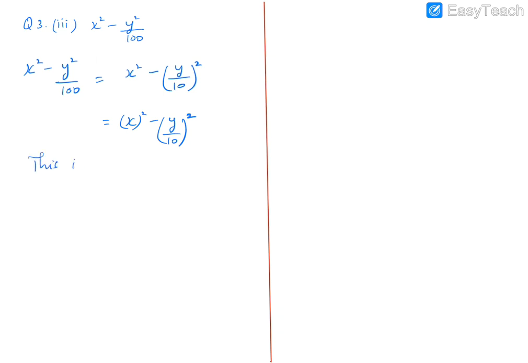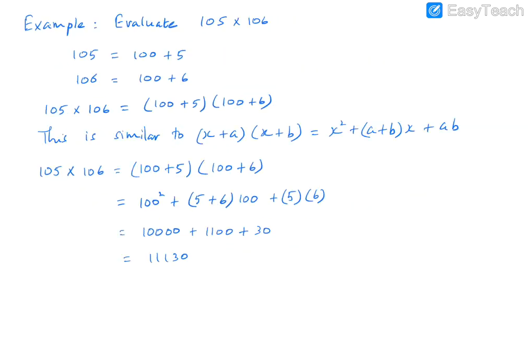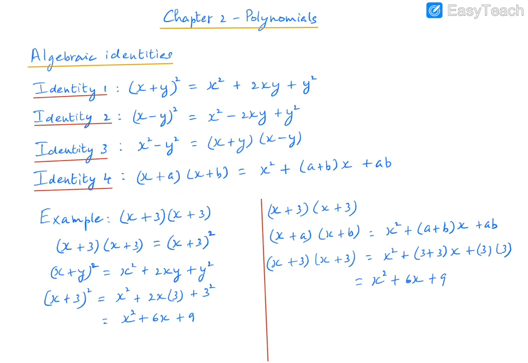So we say that this is of the form a square minus b square, which is equal to a plus b into a minus b, which is the form of identity number 3. It's x square minus y square is x plus y into x minus y.